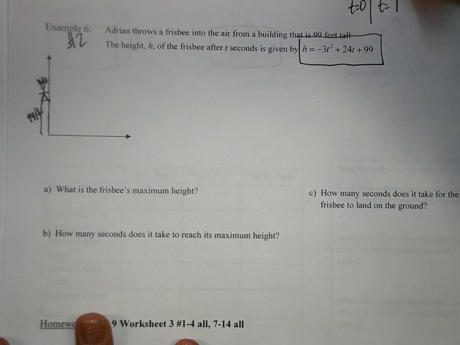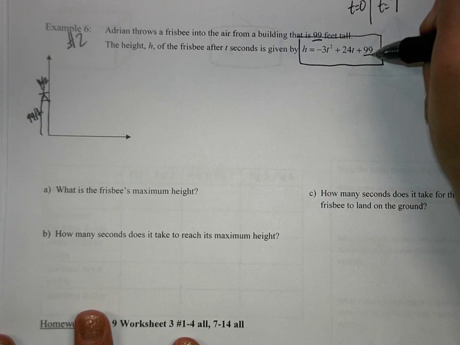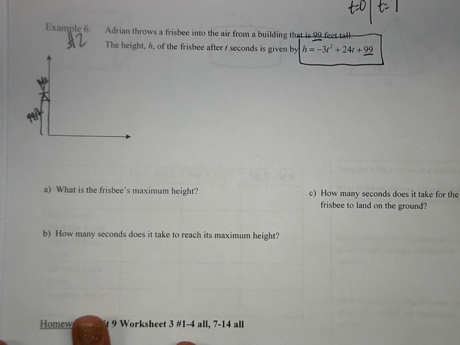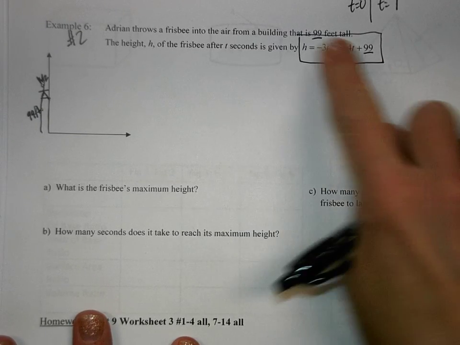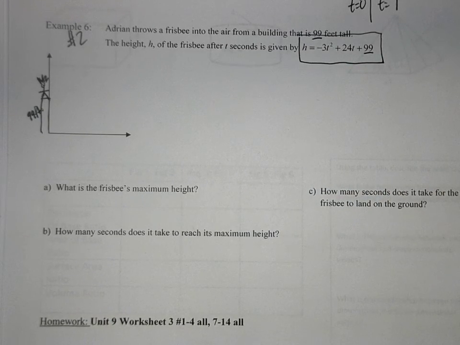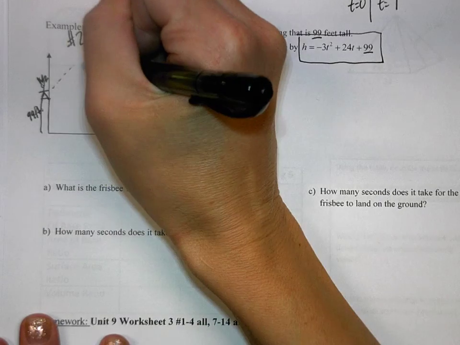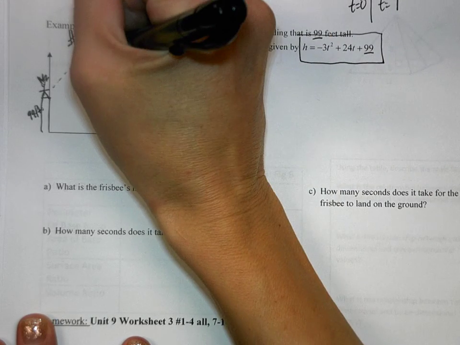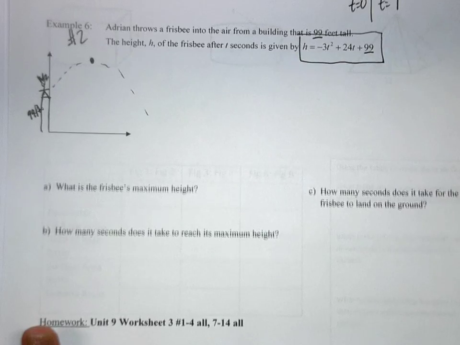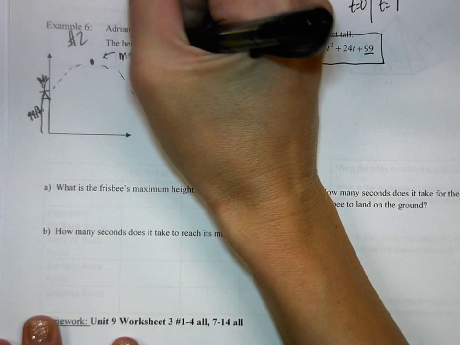Notice how he's 99 feet above the ground, and do you guys see this 99 over here? So when you have an added piece of information here at the end that doesn't have a t with it, that is the distance up they're going. That's where you're starting from. Okay? And so here he goes. He throws the frisbee in the air and it's going around. Again, we know this point right here is the what? The vertex and the maximum height.